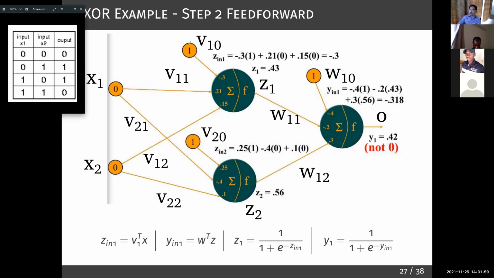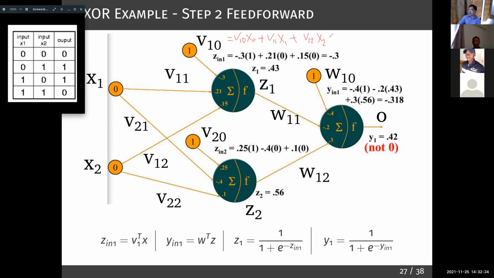So Zin1 equals V10 times X0 plus V11 times X1 plus V12 times X2.